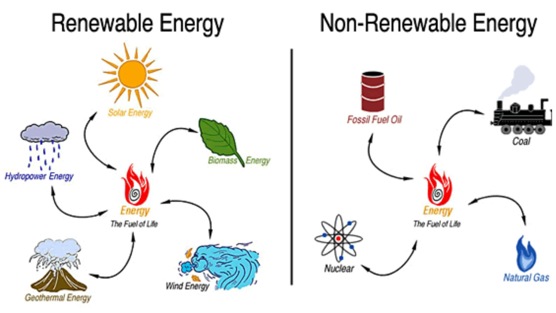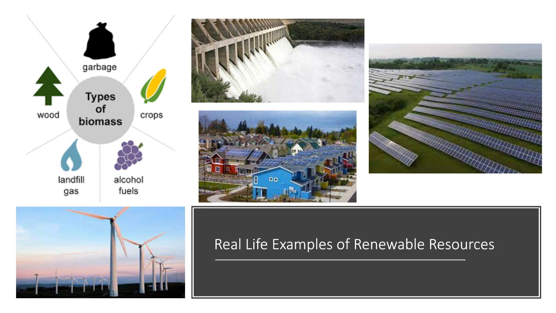There's 5 different types of renewable energy or renewable resources: solar energy, biomass, wind energy, geothermal energy, and hydropower energy. And I figured I'd just show some real life examples of renewable resources. I'm sure we all have seen solar panels before.